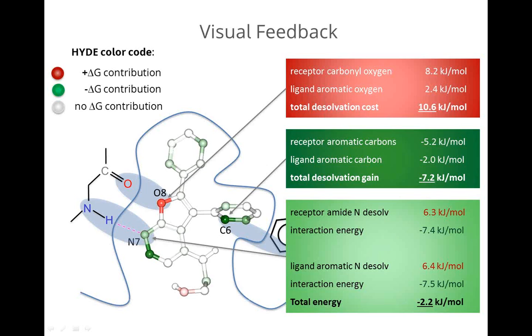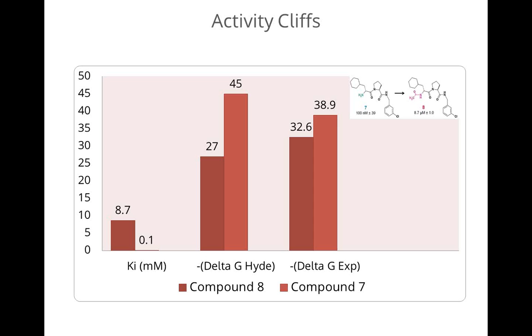So HYDE we can use, for example, in lead optimization. We can use it to detect activity cliffs. These molecules here are a little small, but as you can see, compound 8 has a larger group here, and is doing okay binding affinity wise, but if we reduce this group to an amino group, compound 7 here, we see that we do get an improvement in binding affinity.